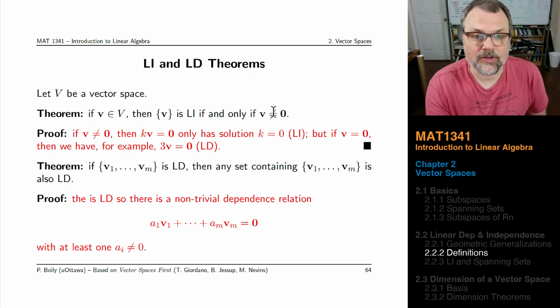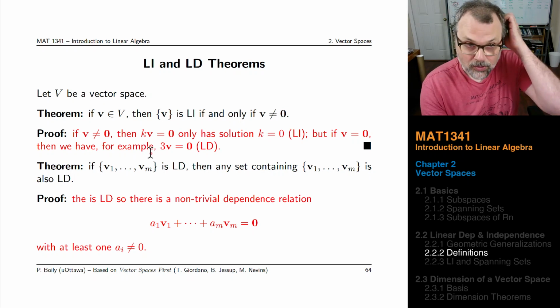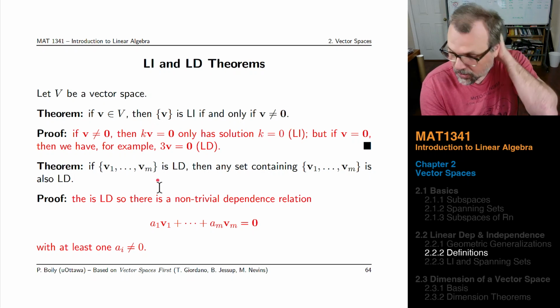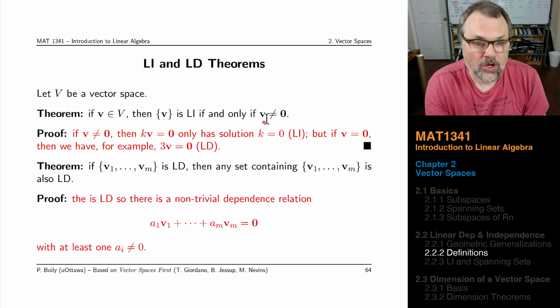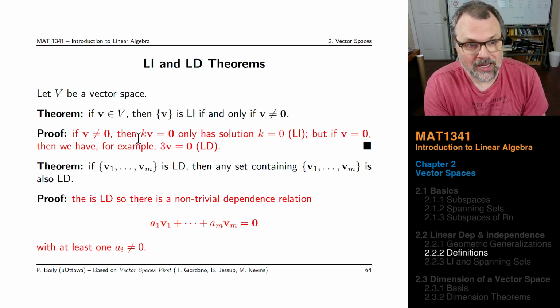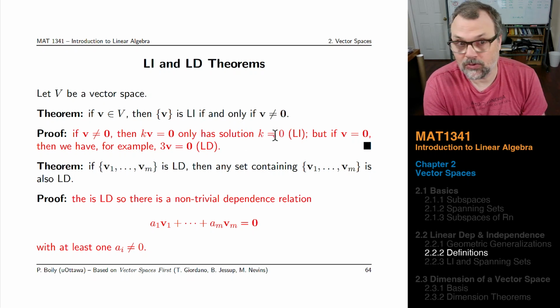If the vector is not the zero vector, then if you look at the dependence equation, so if you look at a linear combination of all the vectors in the set, because there's only one, it's going to look like kv is equal to 0, and that only has one solution. It's when k is equal to 0. So you certainly have linear independence.